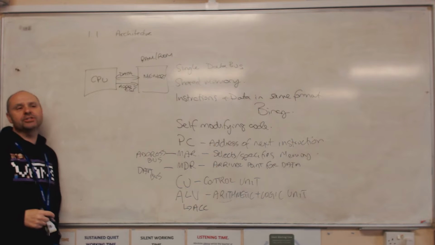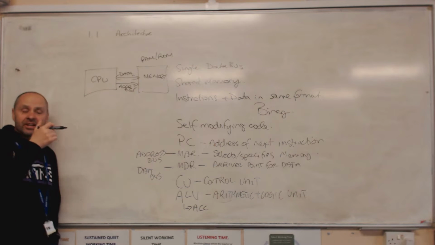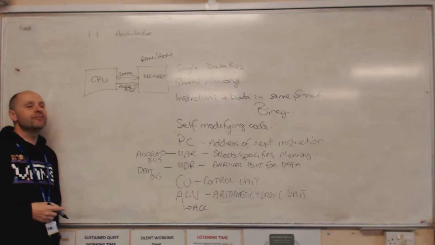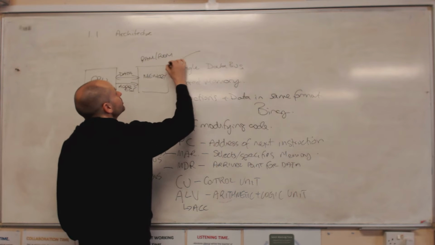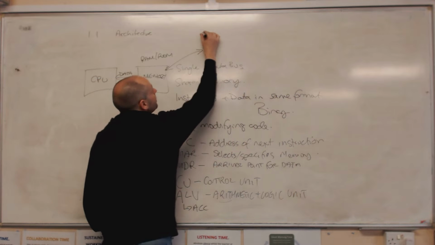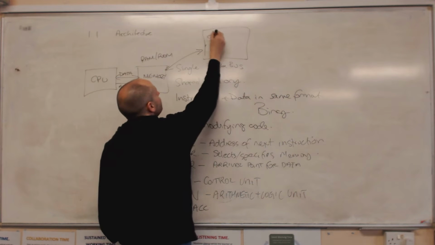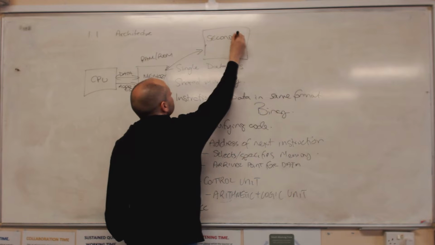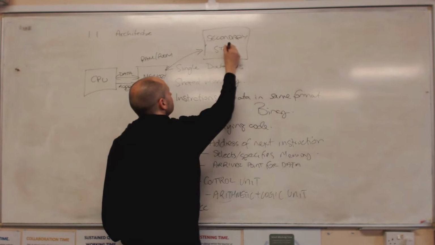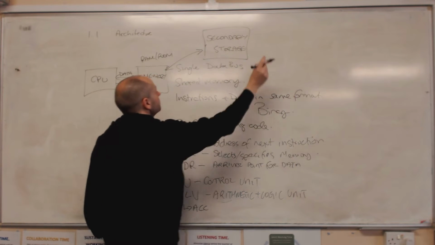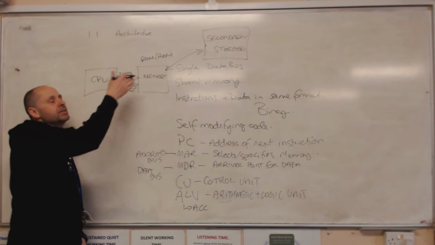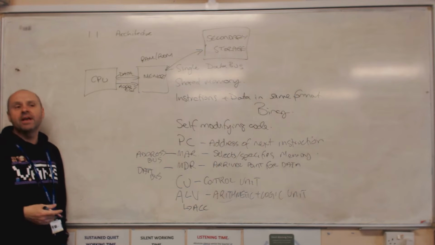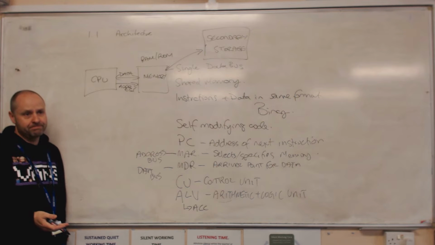The only memory that the CPU can actively interact with. If you've got files in your longer term storage, your secondary storage, they cannot be directly accessed. Anything that is in secondary storage must be copied to main memory first before you can use it.